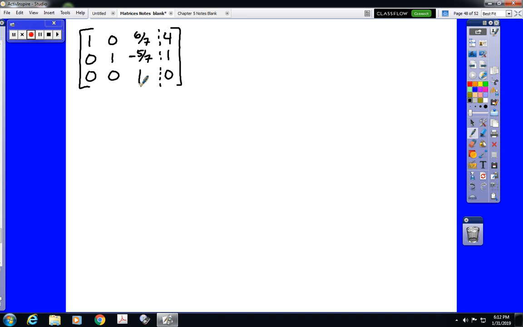which means I only have one more combo move to do and I will be done. So I'm going to multiply a copy of row 3 by +5/7 and add to row 2. That would be 0, 0, 5/7, 0.